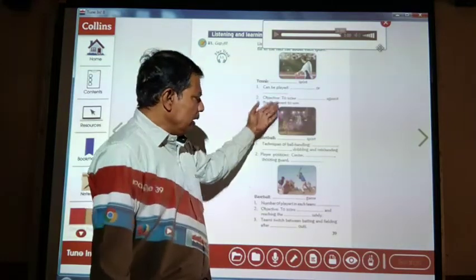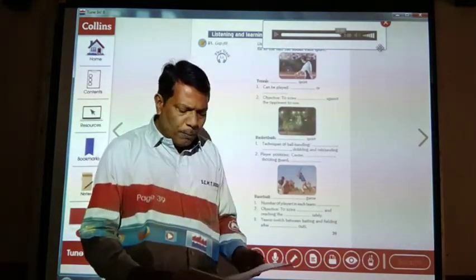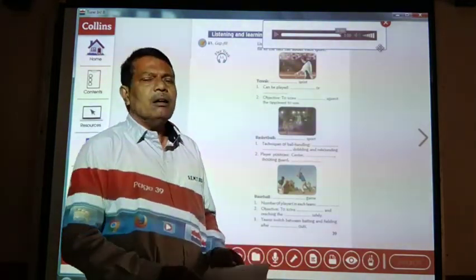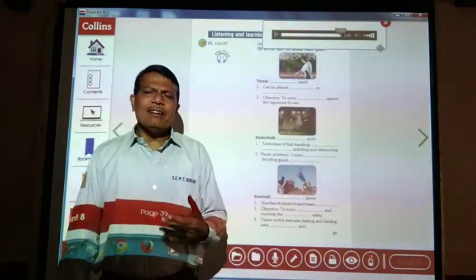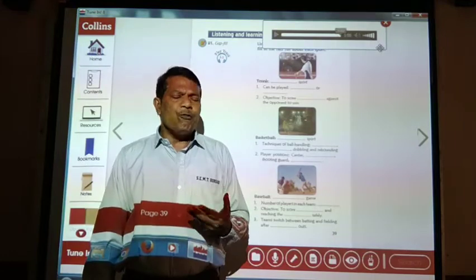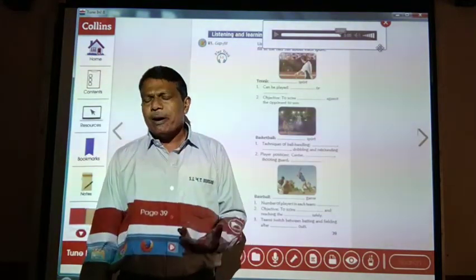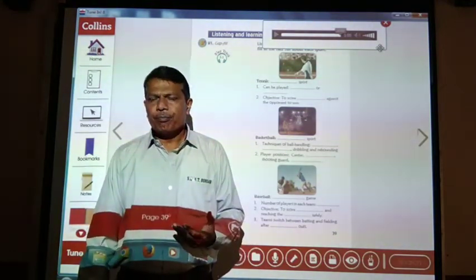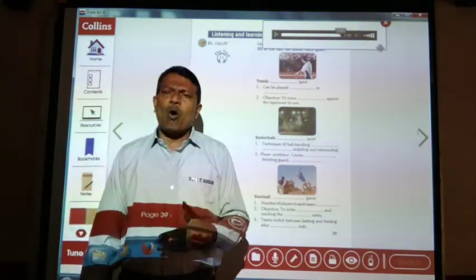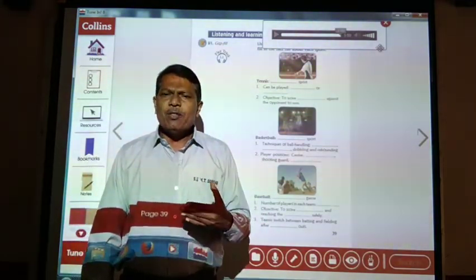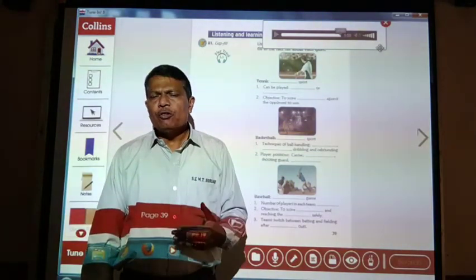And then in your textbook you can fill up these little blanks. So this is where we can describe our favorite sports, our favorite game also. Okay? So there are ways you must start talking. That is the main thing, that we continue talking.